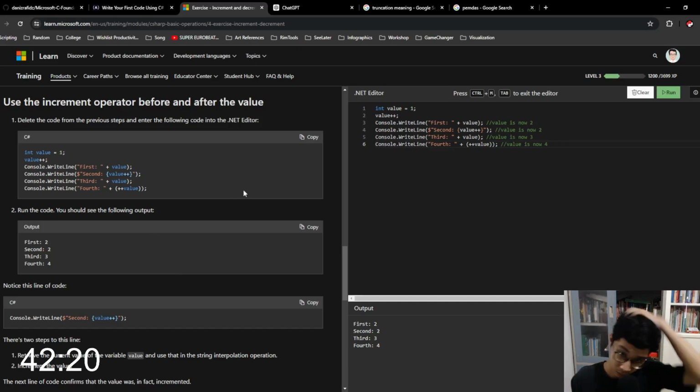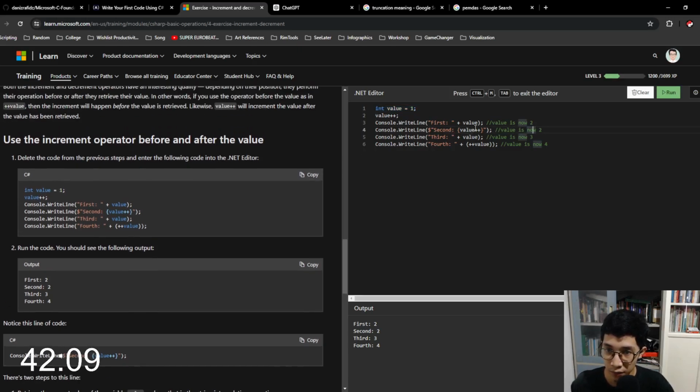Yes, as I said, the keyword is line here. Okay, 1 2 3 4 5 6. If the plus happens after the value, which is about incremental, the value will not be incremented right at that line, but in the next line it will be incremented by 1.